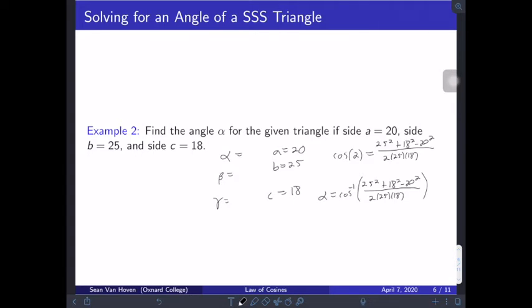And here we find out that this alpha, what they're actually asking us for, is about 52.4 degrees.